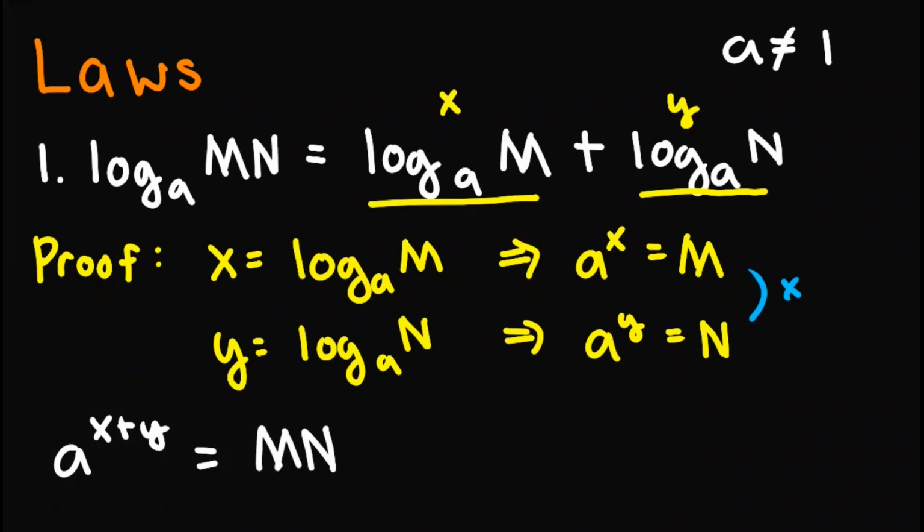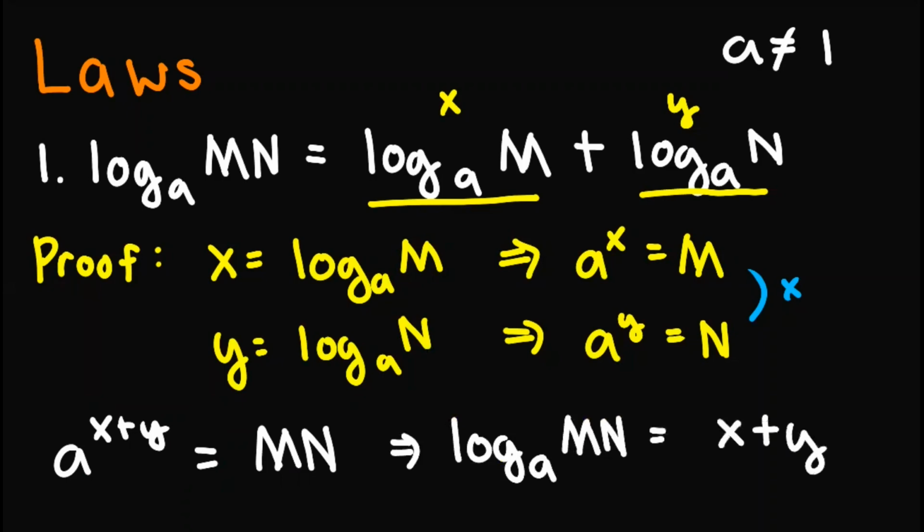Well, we simply retain this one in the base and then switch these two up. So that will be the logarithm of mn with respect to base a is equal to x plus y. But x plus y is simply this. Therefore, we have already proved this first law of logarithm.